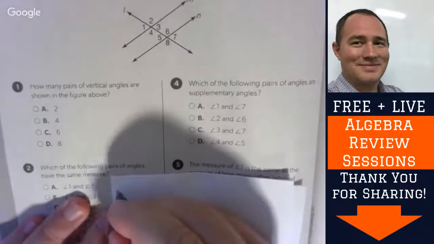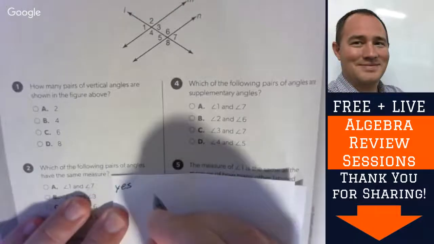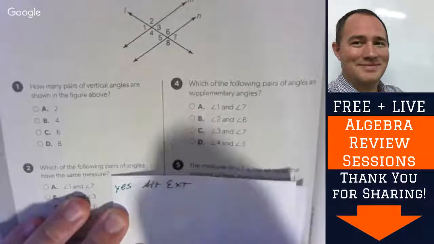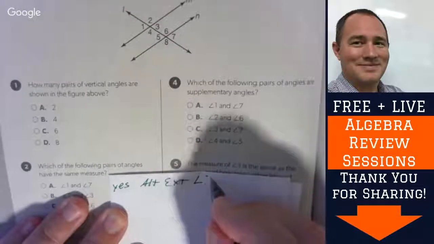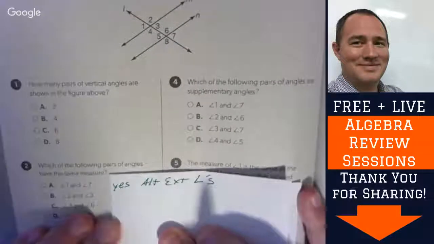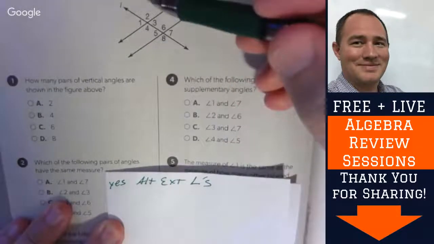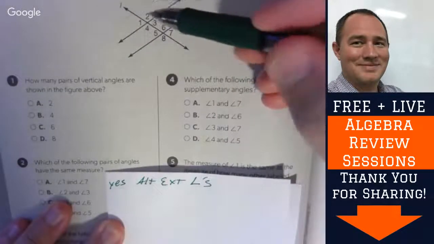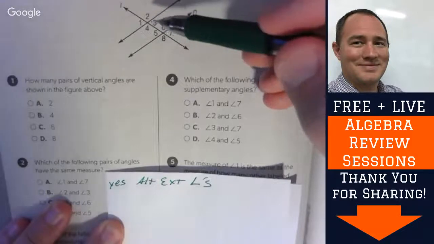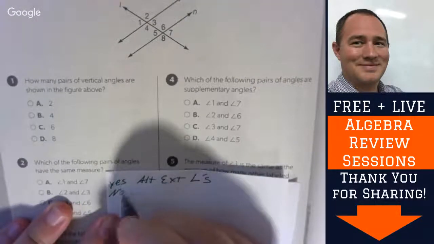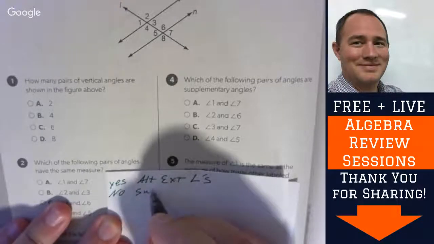So yes, by alternate exterior angles. Bit of shorthand there. How about 2 and 3? 2 and 3 do not have the same measure. They form a straight line, so they would be supplementary. So maybe we can even say no, they are supplementary.